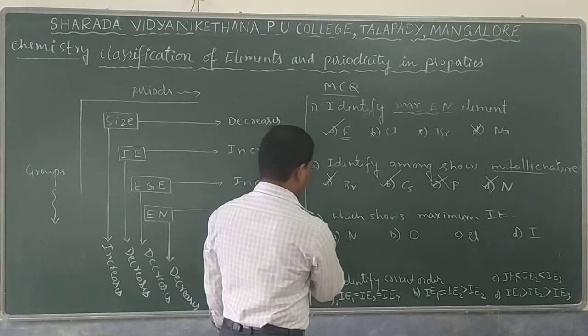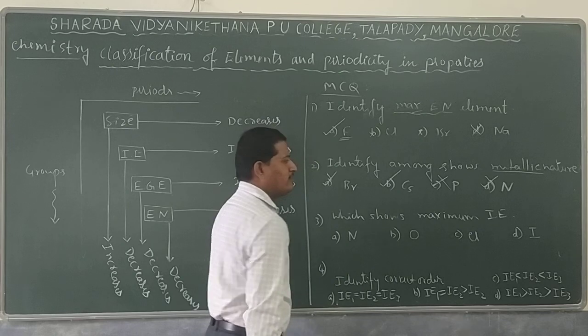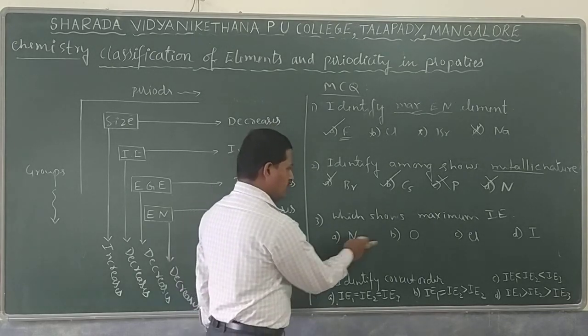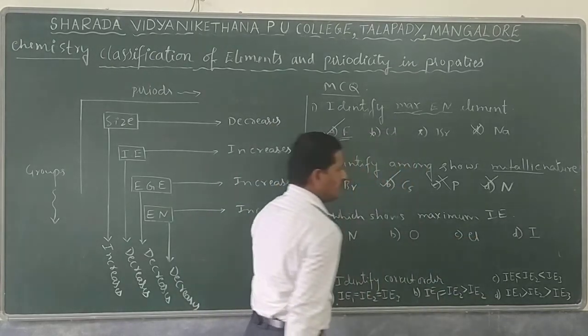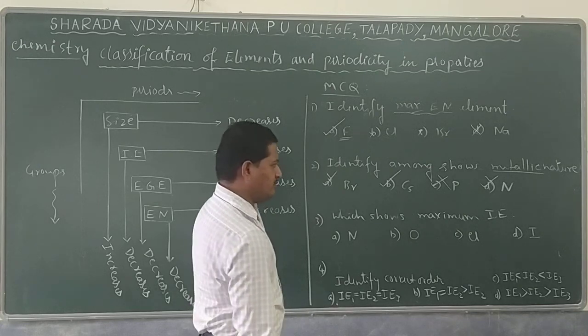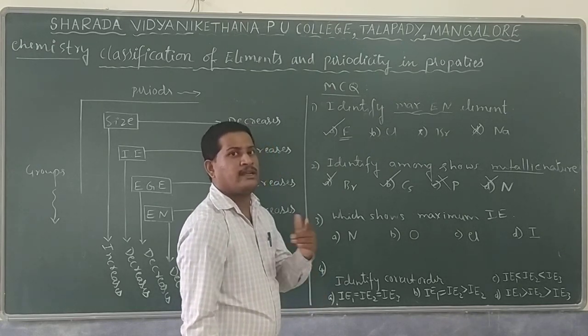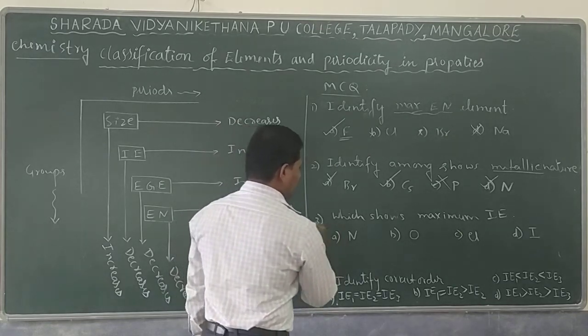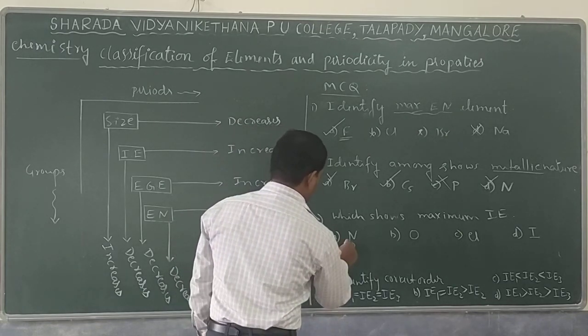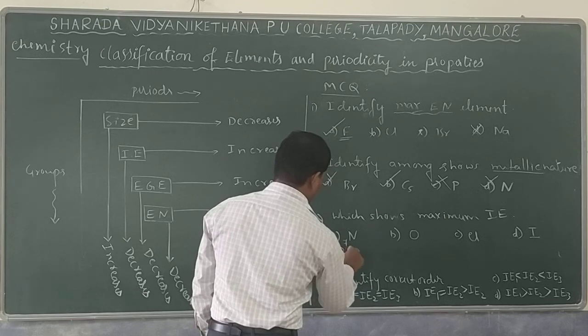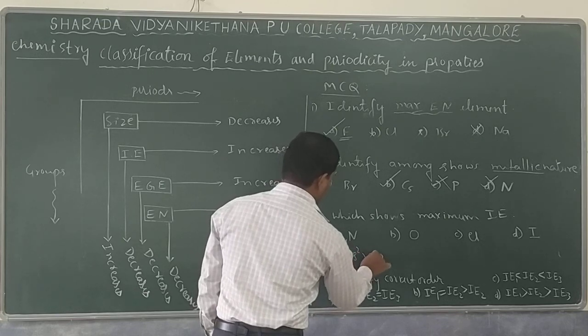Next, the third question: which shows maximum ionization energy? Nitrogen, oxygen, chlorine, and iodine. Ionization energy can be found by writing the electronic configuration. Nitrogen, atomic number 7, has configuration 1s2 2s2 2p3.